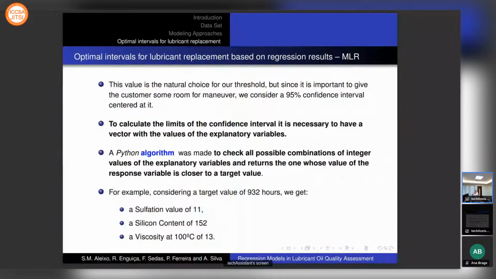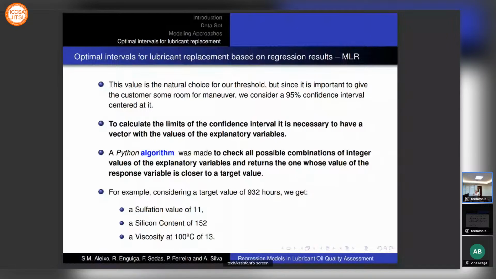This value is a natural choice, but it's important to give the customer some room for maneuver. So we consider a 95% confidence interval and calculate the limits, but it's necessary to have the vector of values of the explanatory variables.